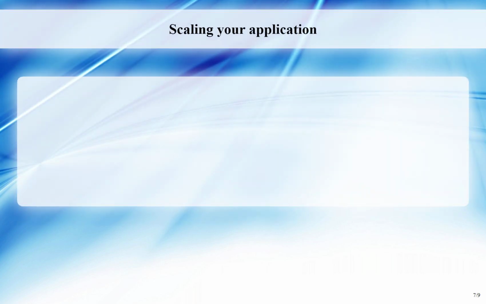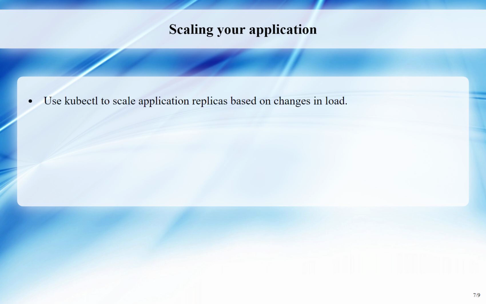Scaling your application. When your application experiences changes in load, utilize kubectl to scale the application accordingly. You can adjust the number of replicas for specific deployments, such as decreasing nginx replicas from 3 to 1.